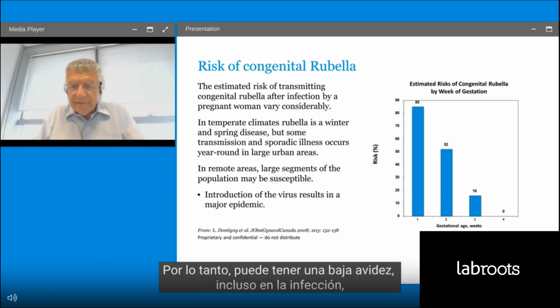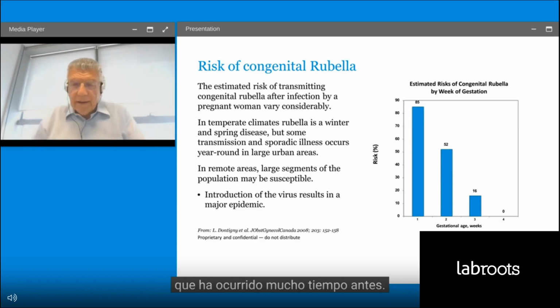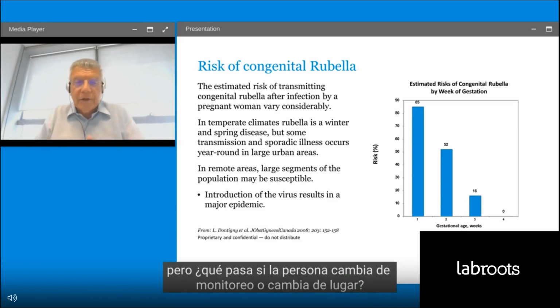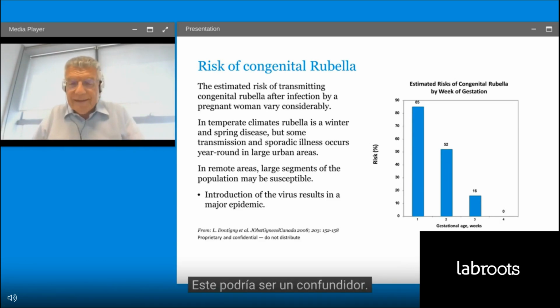So you may have a low avidity even in infections that have occurred a lot of time before. Of course, you will say, you know that you have been administering treatment, but what if the person changes monitoring or changes places? This could be a confounder.